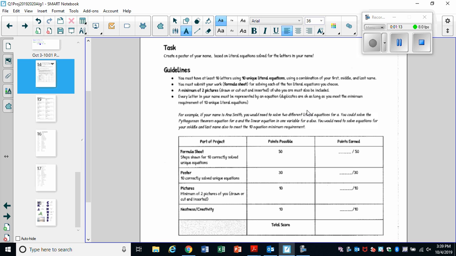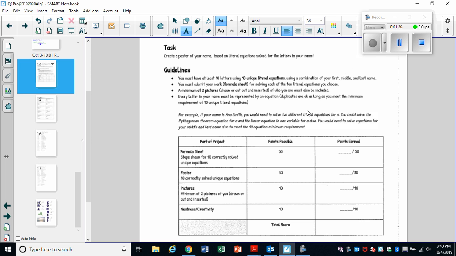You can also draw 2 pictures, either drawn or cut and inserted, of who you are, and every letter in your name must be represented by an equation. You can use duplicates, but you still need 10 unique literal equations.